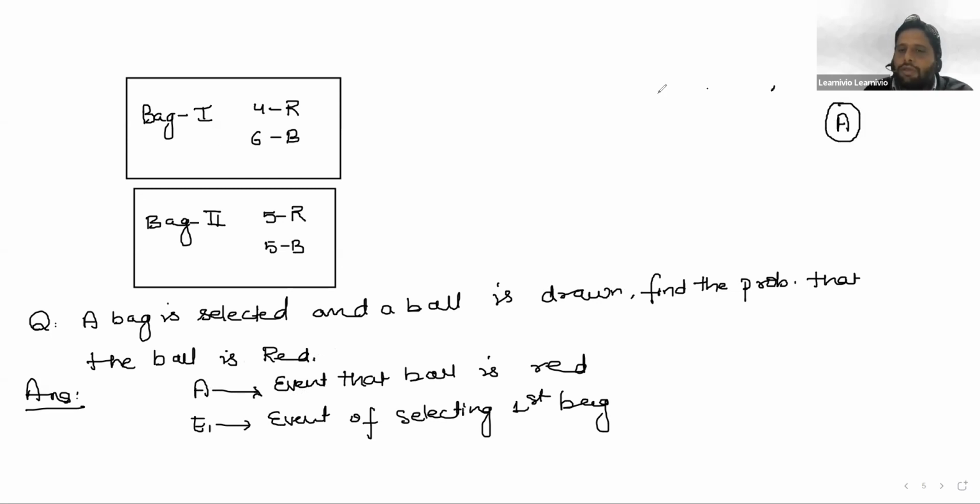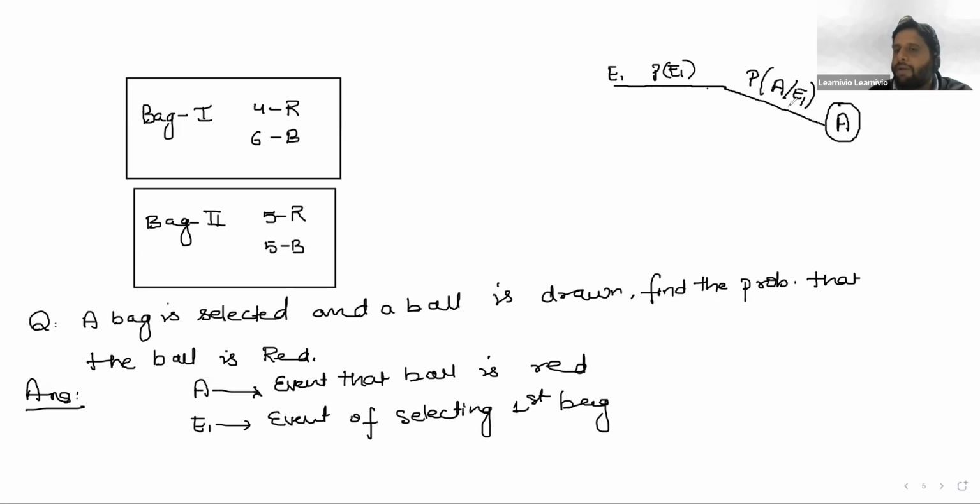Now check how you will reach here. You need to select a red ball. So how will you do that? First, you will select a bag. Let E1 be the event of selecting the first bag. First you will select a bag, and from this bag, you will select a ball. So first we will find the probability of E1. Once we have selected the first bag, from that bag, we will find the probability of selecting the red ball.